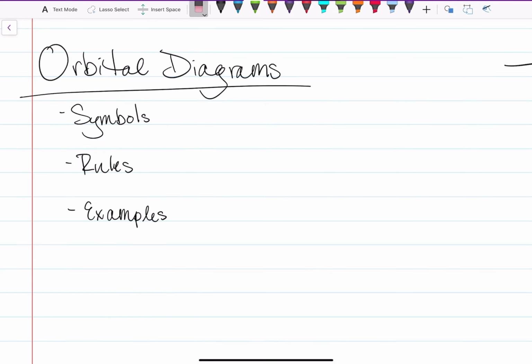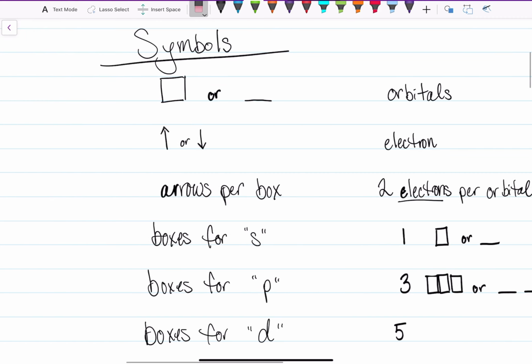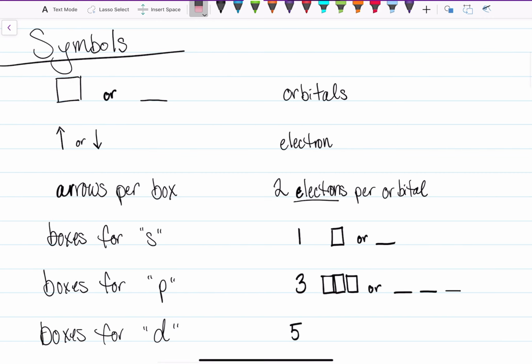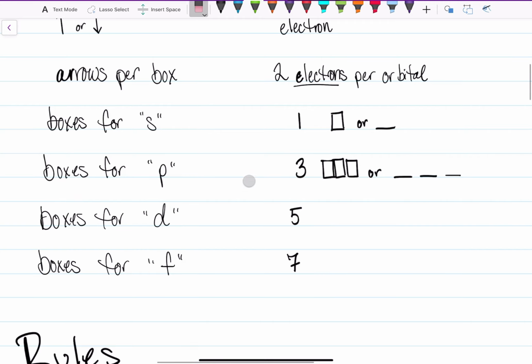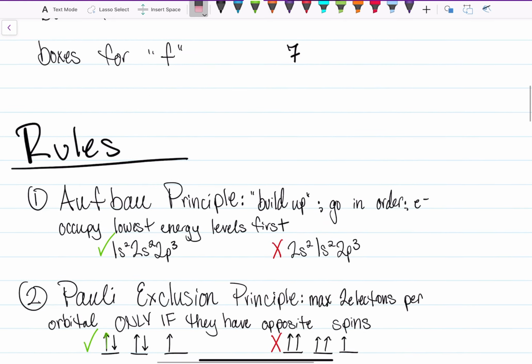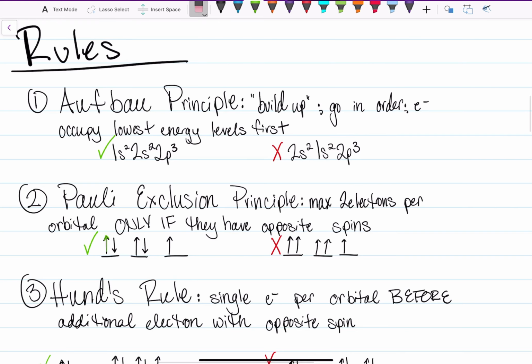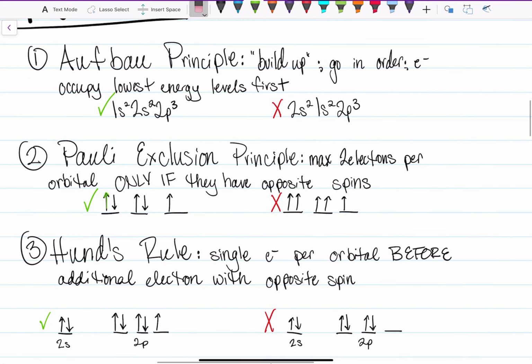For our recap, you guys are able to look at the symbols, rules, and you did some examples. So the symbols, these boxes or lines, those are called orbitals. The arrows are electrons. You know that a maximum of 2 electrons fit in each orbital. And you know how many orbitals to draw for each block, S, P, D, and F, 1, 3, 5, and 7 respectively. There are 3 rules for writing out orbital diagrams.